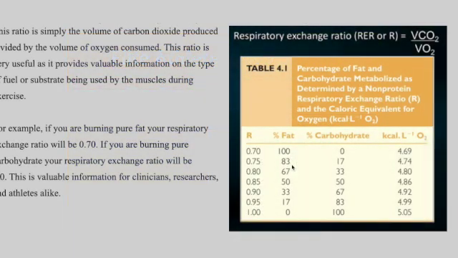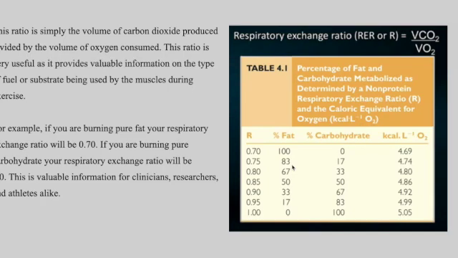Now, there's one important part that is basically the most important part of all these numbers and measurements, and it's the VCO2 to VO2 ratio. When we inhale, and here I'm going to go back and forth.